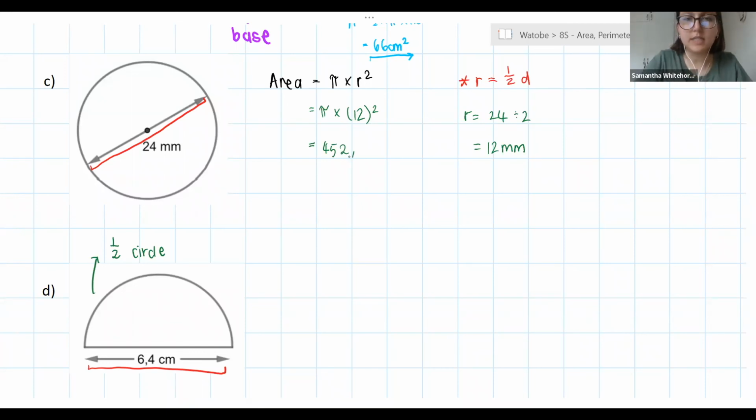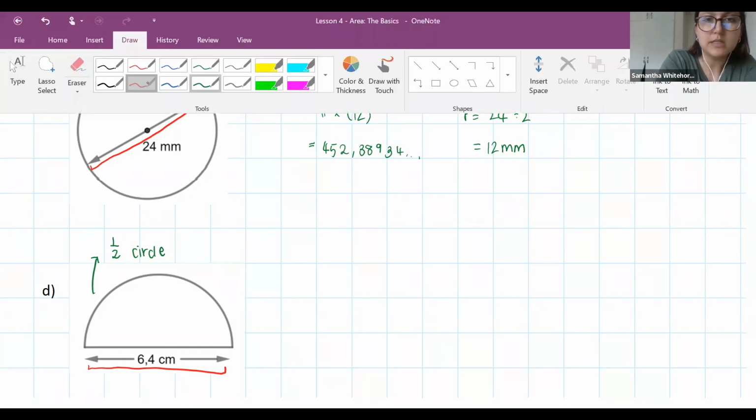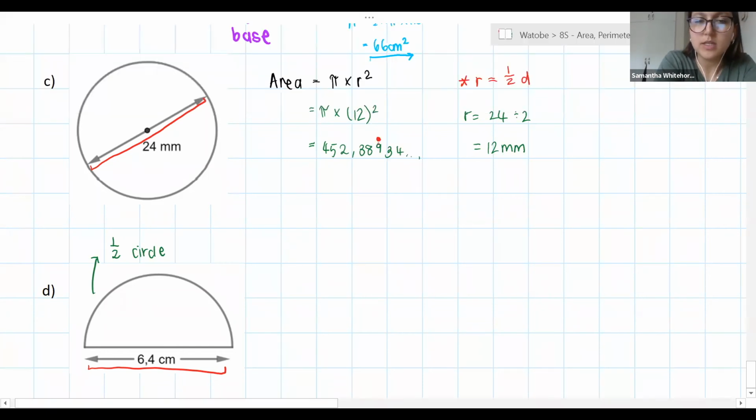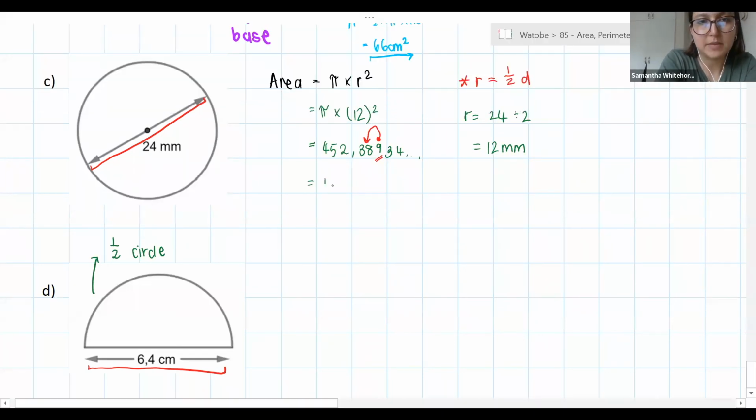Okay, perfect. So guys, just because I want to chat about rounding, the whole decimal here was 452,38934, blah, blah, blah. If we round off to 2 decimal places, we look at the 3rd decimal and see what effect it's going to have on the 2nd decimal. Because the 3rd decimal is greater than 4, it means that it needs to round this 8 up to a 9. So 452,39 millimeters squared.